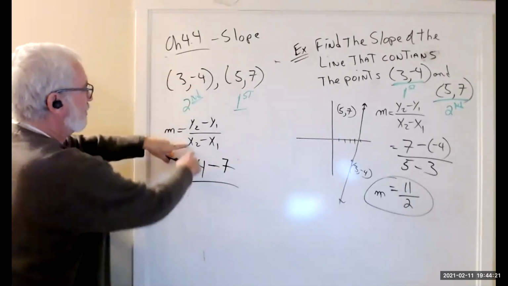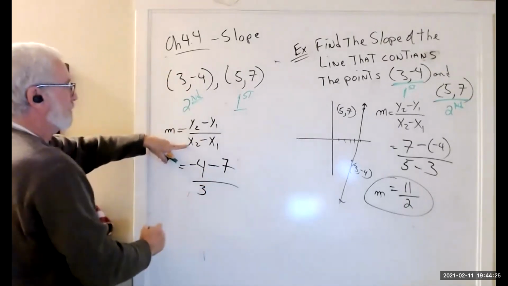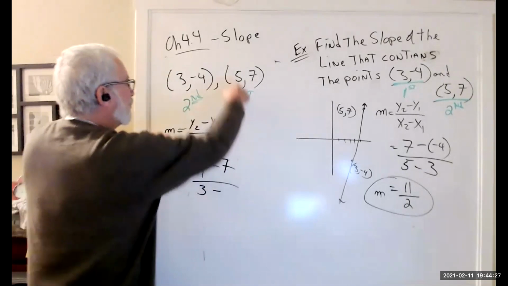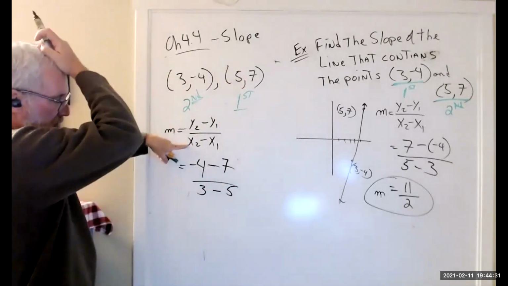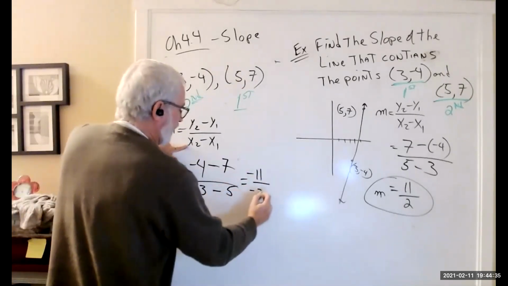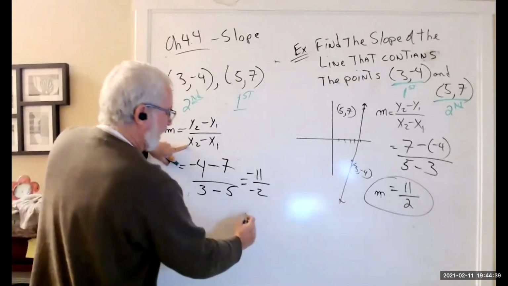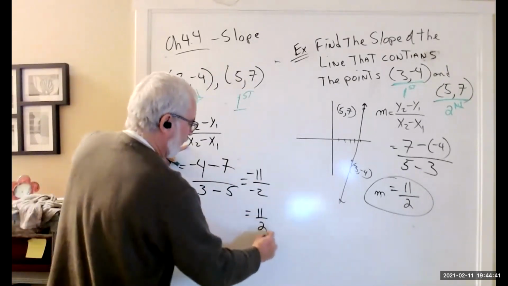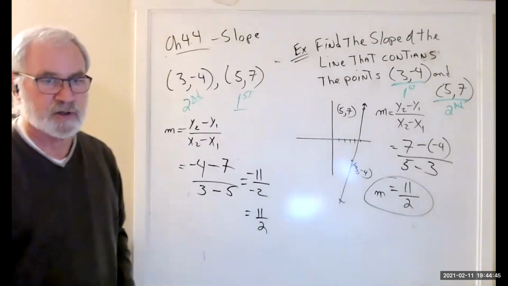On bottom, the second x value is 3 minus the first x value is 5. Okay, you get -11 over -2. But we know that negative divided by a negative reduces to a positive 11 over 2. You get exactly the same answer in the end.